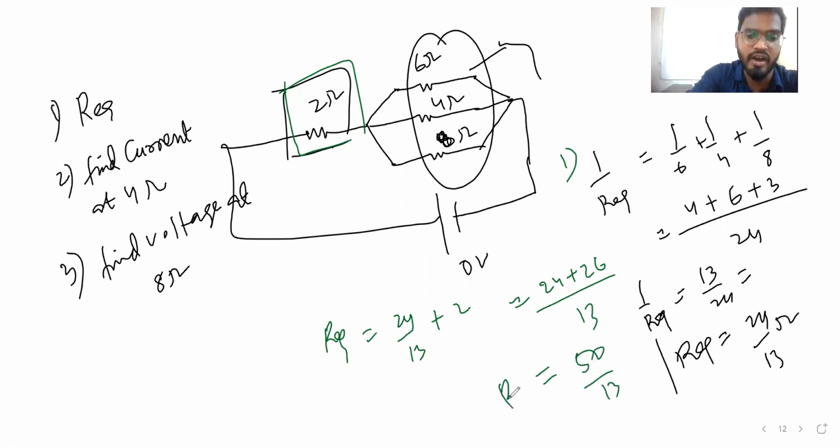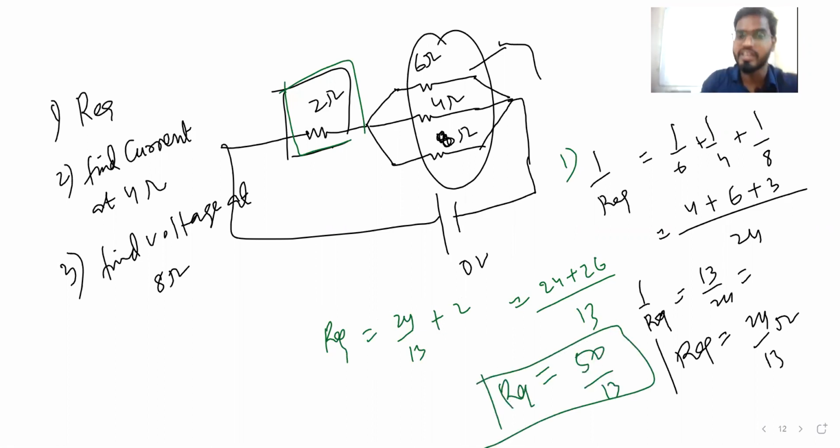That's why I was thinking how it is possible that one resistor will itself have more than 10 volt. It is not possible. So R equivalent is not this; R equivalent is this.